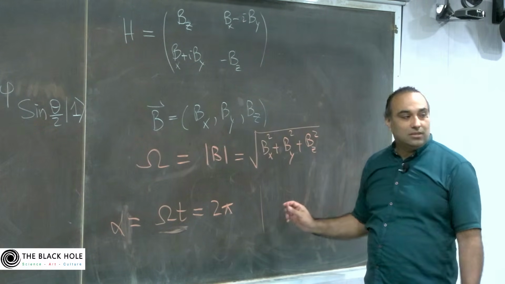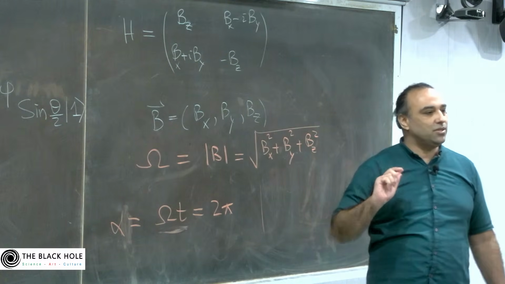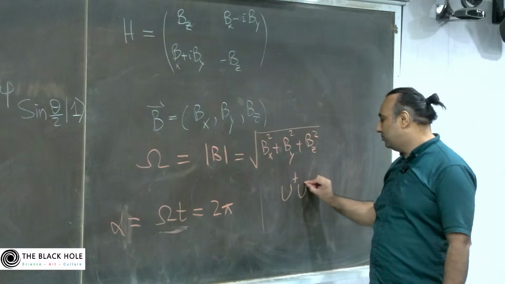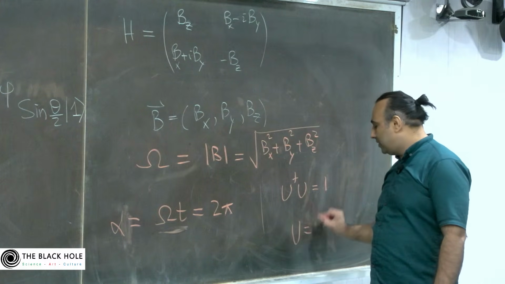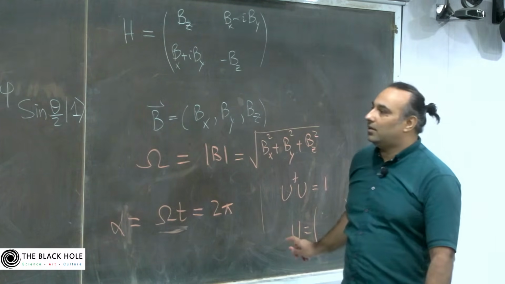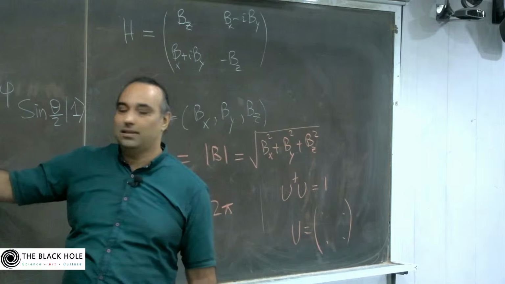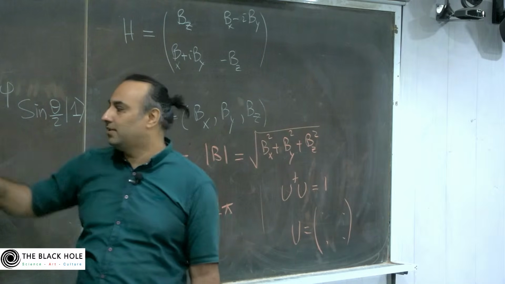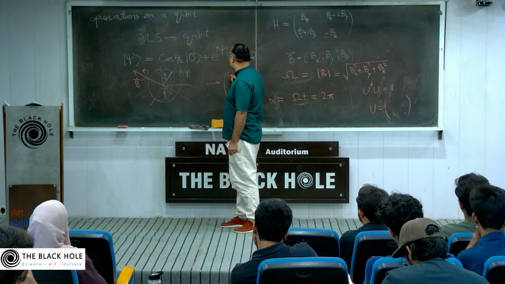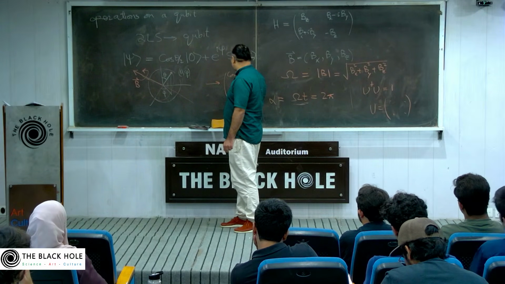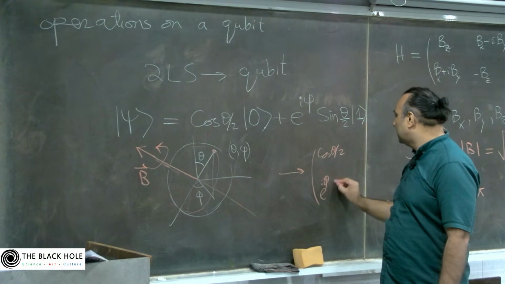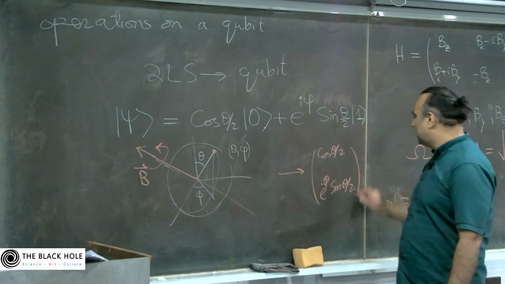The only condition is that the transformation needs to be unitary. So you can take any 2 by 2 matrix U where U dagger U is equal to 1, a unitary matrix, and you multiply that matrix with this state, which in these bases is cos theta by 2, exponential i phi sin theta by 2.